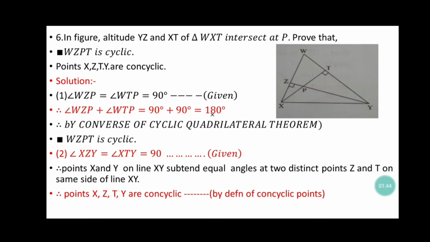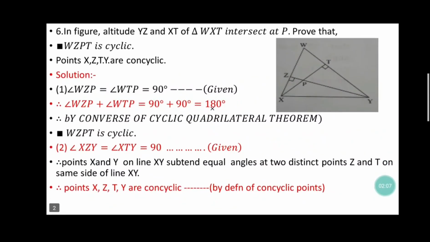Okay. Now altitude means it is perpendicular. Fine. So the angles forming at the point of contact will be 90 degrees, right? So here angle WZP is equal to angle WTP.